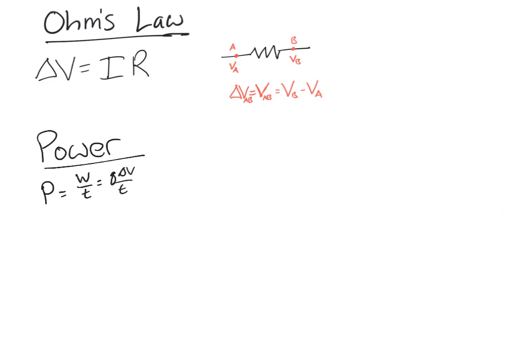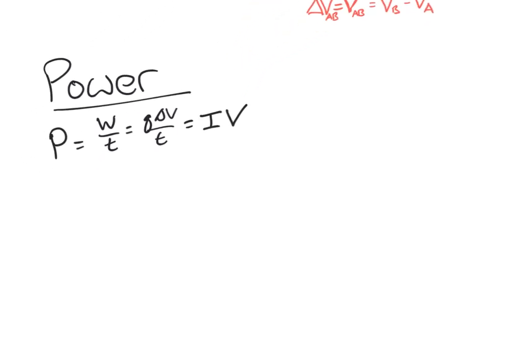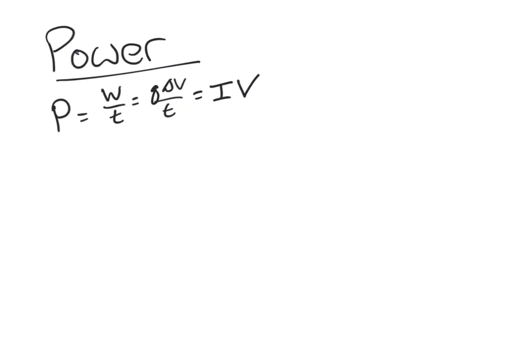And Q over T is just a fancy way of describing the electric current running through our circuit element or resistor. And this is equal to I times V, current times voltage. This is something you've seen before. Now, voltage is equal to I times R, making use of Ohm's Law. And so we can rewrite power as I squared times R.